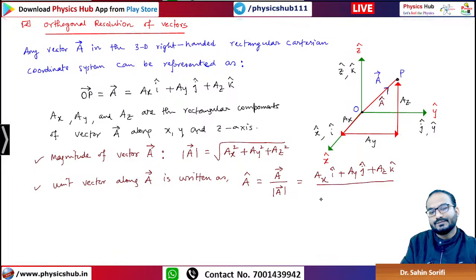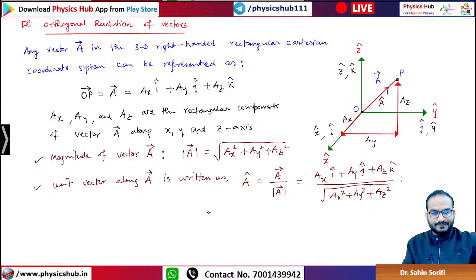What is the magnitude? It is the root of ax square plus ay square plus az square. So this is the magnitude, right?